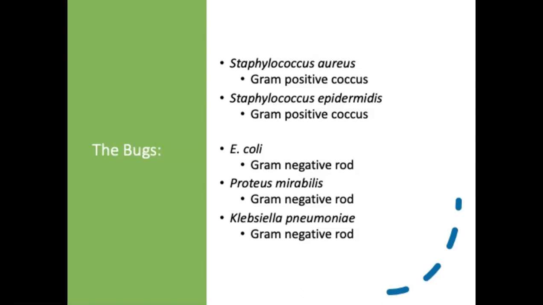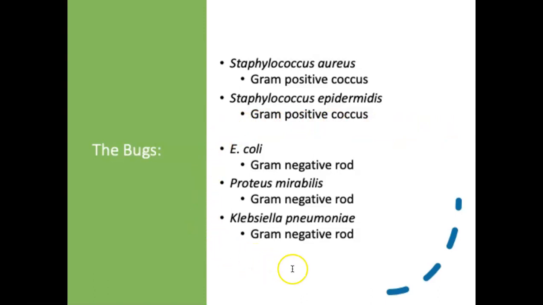So we've got 2 gram-positive cocci that we know are sometimes found on the skin of humans, as well as in the nose and the pharynx or the back of the throat. We know that humans can carry these organisms and have no problem at all because they're just part of the microbiome. But there are also pathogenic strains, and certain species tend to be more pathogenic than others.